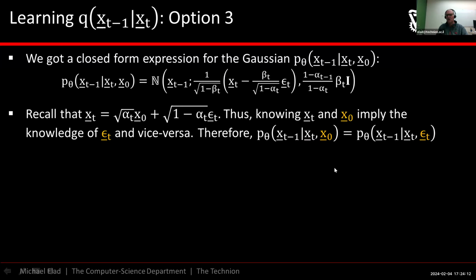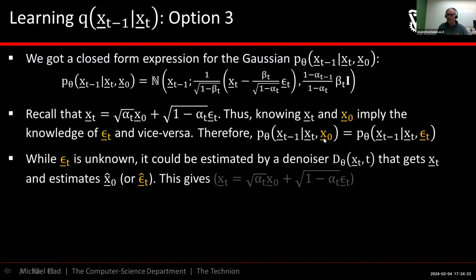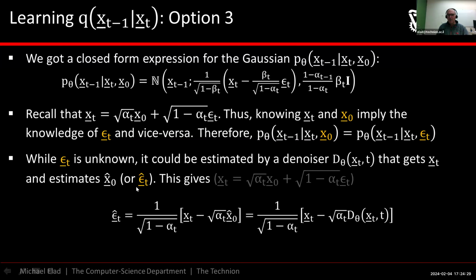They are interchangeable. And what I can do, and by the way, people have done it, is to say, you know what? I don't know epsilon t. I don't know x0, but I can apply a denoiser and get epsilon hat t, the estimated noise or the estimated image. For example, here is a denoiser that estimates x0. I'll plug it in here, get the estimate epsilon hat, and forget that it is not the real one, plug it in here, and use it as the Gaussian expression that I'm so much after.